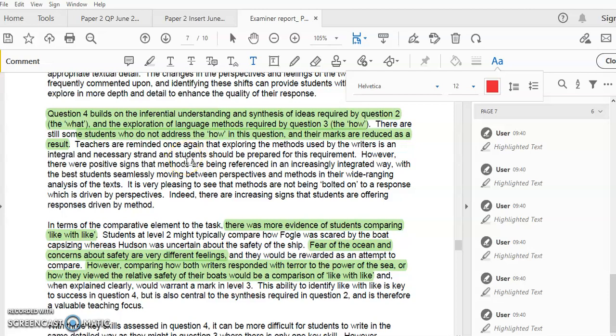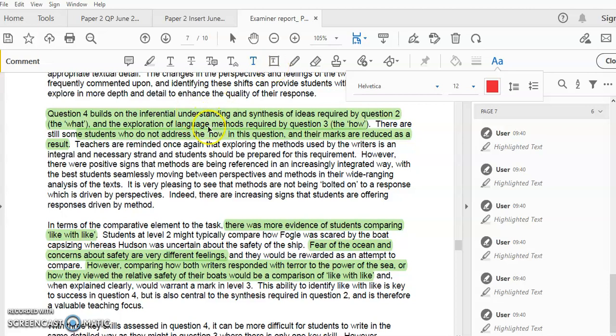You need to do more than that, because the fear of the ocean, as they've said, and concern about safety are 2 different things. So you want to be comparing how they potentially responded with terror, or how they both reviewed the relative safety of their boat. So one might be happy with the safety of their boat, the other might not be. That would be a better comparison. You're comparing something with something else that's pretty similar. And remember, it can be either pretty similar, pretty different, or on the same topic.